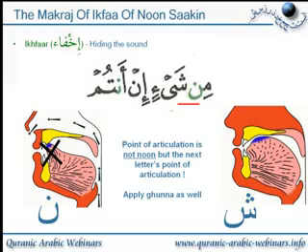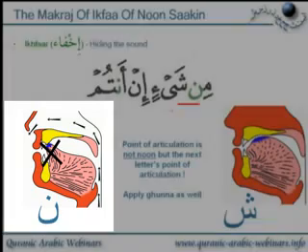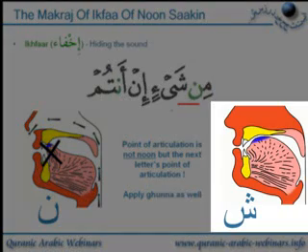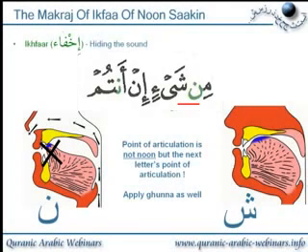On the left we do the nasalization in the nose, but our tongue is not going to where we'd normally put it for noon. We already have it in the position for the sheen on the right. So again that's min shay. It's very subtle, but a good teacher will be able to tell whether you're doing that right or not.